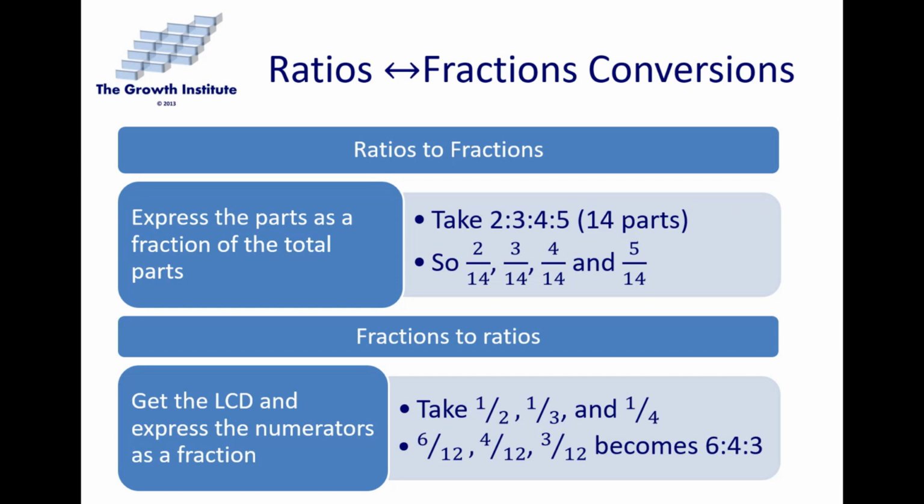So the half becomes 6 twelfths. To go from 3 to 12, we have to multiply by 4. So a third becomes 4 twelfths. And to go from 4 to 12, we have to multiply by 3. So a quarter becomes 3 twelfths. And so those fractions can then be expressed in the ratio 6 to 4 to 3.